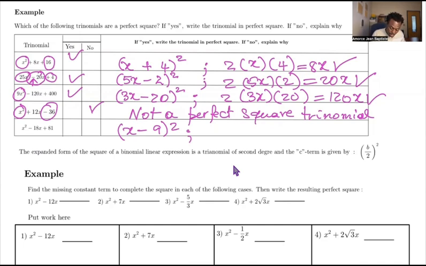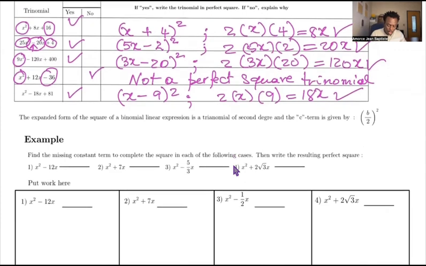So that will be 2 times x times 9, which is 18x. It works. So now we know how to identify whether a trinomial is or is not a perfect square, and how to write it as a binomial to the second power.